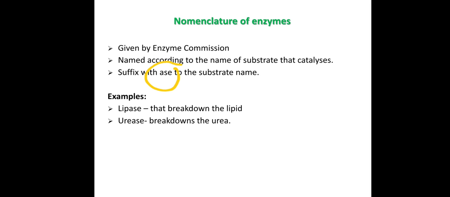After their thorough study, they formulated some basic principles for classification of enzymes, and this was completed by 1964. So since 1964, the IUB system of enzyme classification has been adopted worldwide. IUB, International Union of Biochemistry.